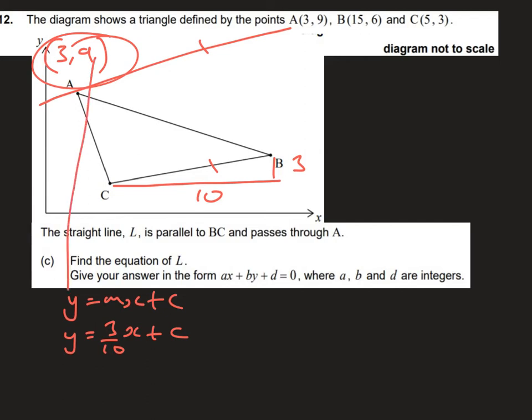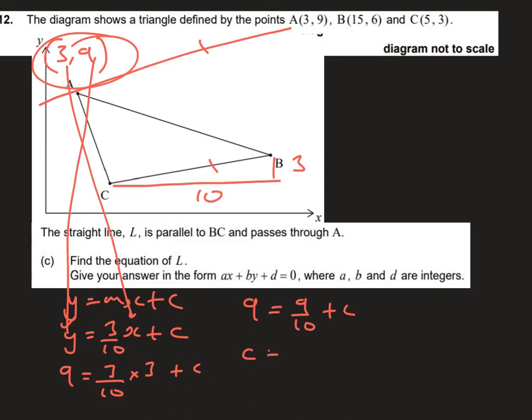So we're going to substitute y into here and x into here. So we know that 9 equals 3 over 10 times 3 plus c. So that's going to be 9 equals 9 over 10 plus c. So if we rearrange that, we're going to end up with c is equal to 81 over 10.